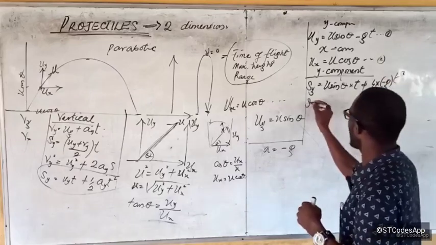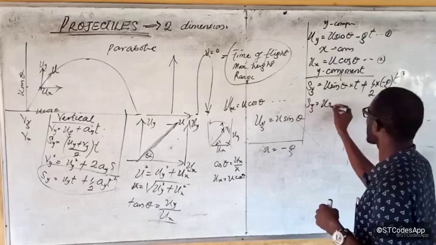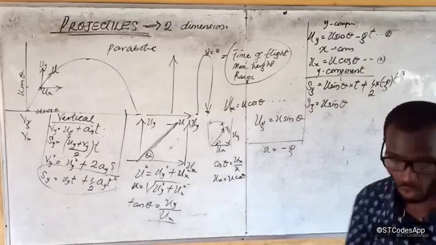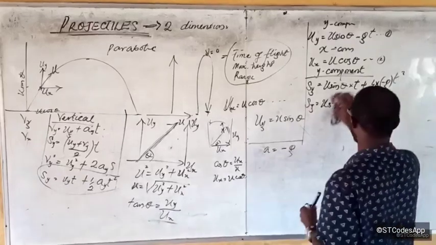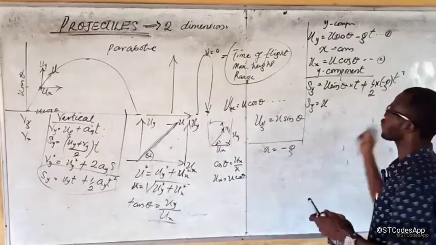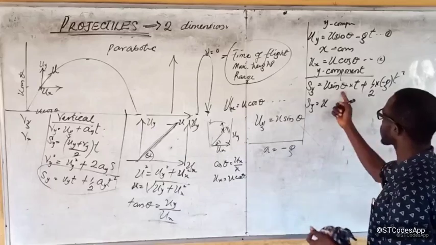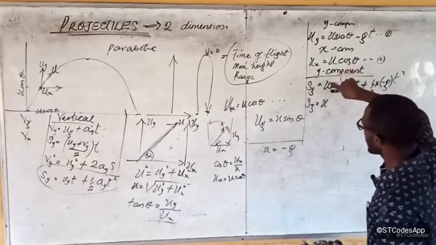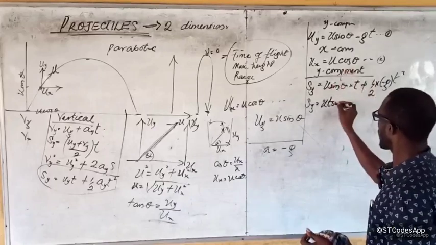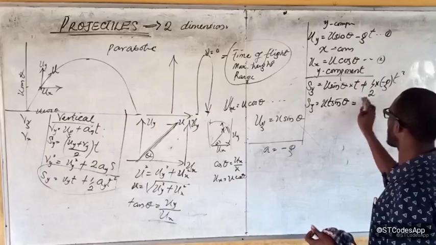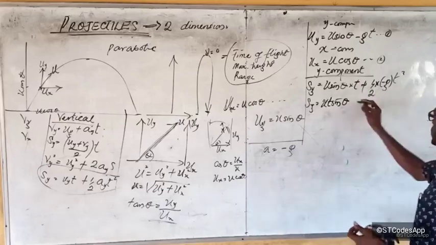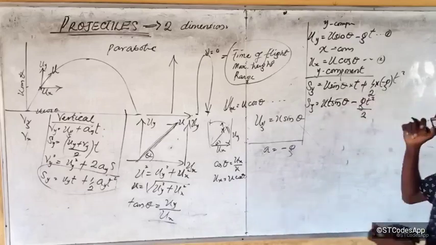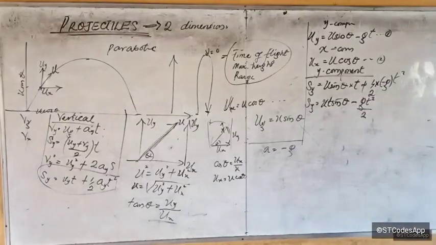So s_y will be equal to u t sine theta, because this is a function on its own, times t at the back, and plus times minus gives us minus g t squared over 2. So this is another equation.